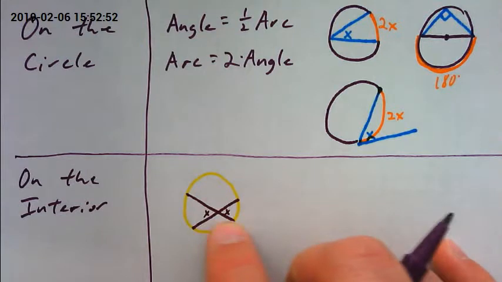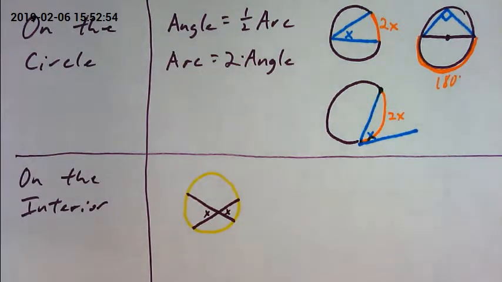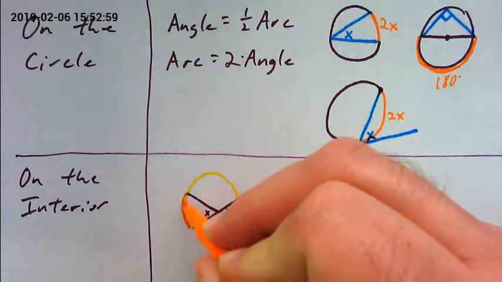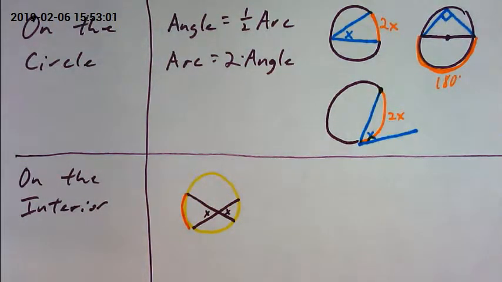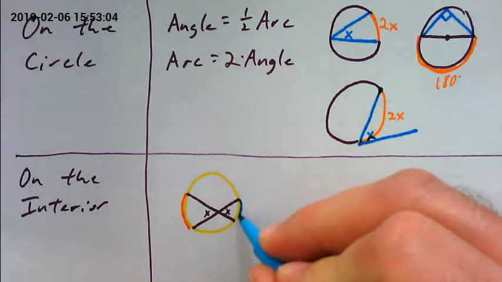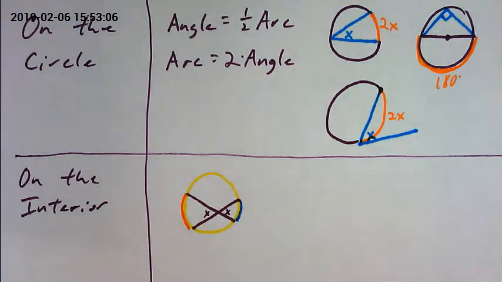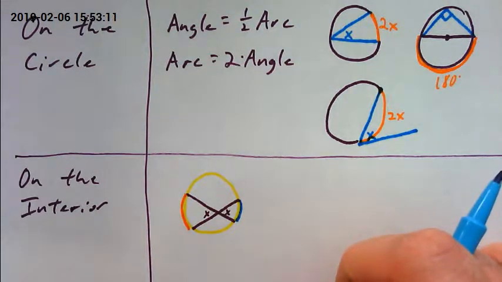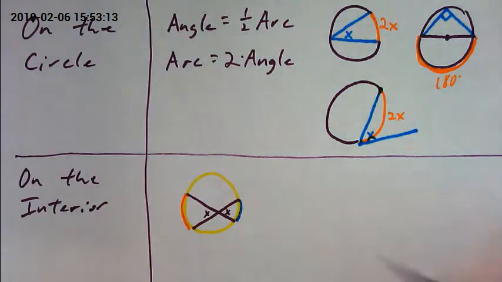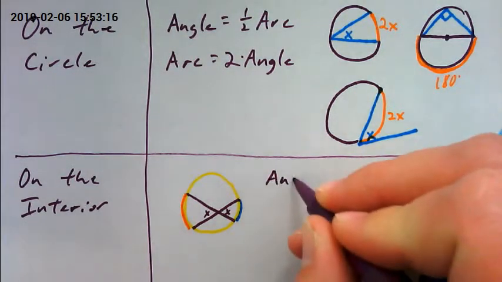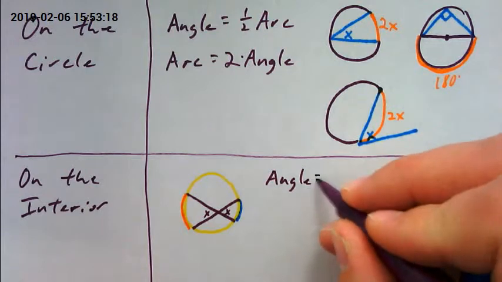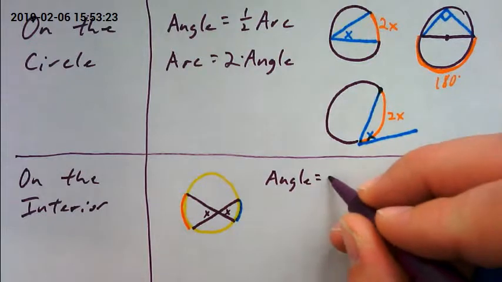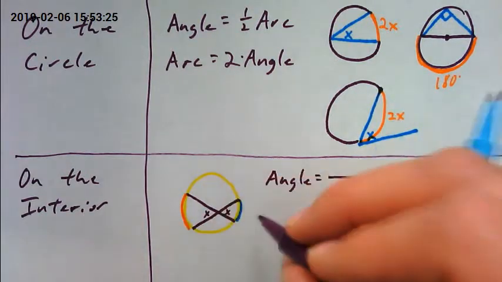Now, in order to find those angles, we're going to use the two arcs that each of those intercept. So there's two separate angles that are both the same measure, but they're intercepting these two different arcs. In this case, the angle measure is going to be equal to the sum of these two arcs.